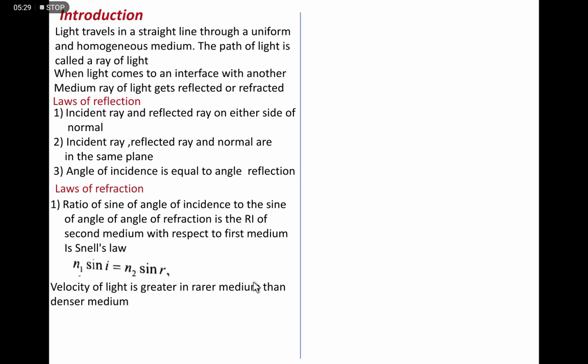One more important concept in this theory of the nature of light: the velocity of light is greater in a rarer medium than in a denser medium. Now, there are various theories studied by different scientists, but in the reduced syllabus, we have to learn the wave theory of light.